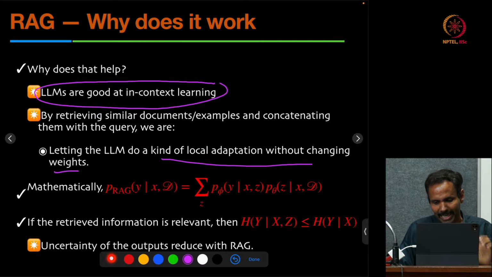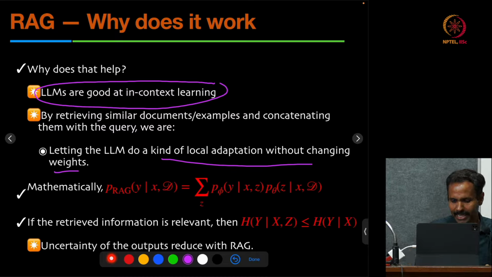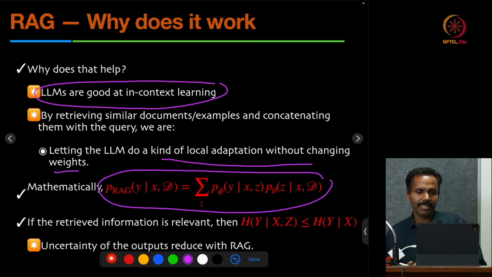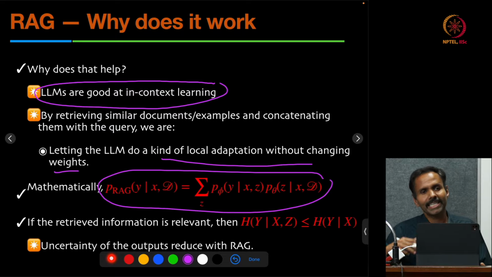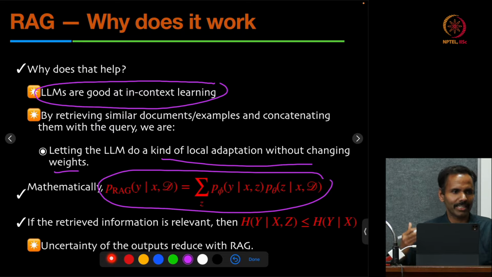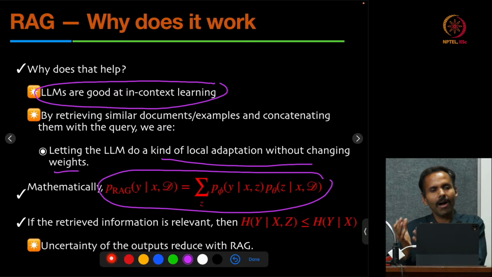Again, the mathematics you can say is that when I do the RAG, the final response is this joint probability, right? You are marginalizing over all Z, the documents that you have generated and provided as context.